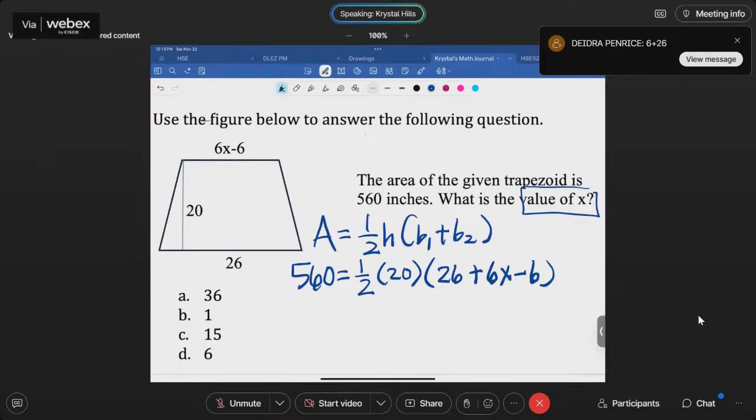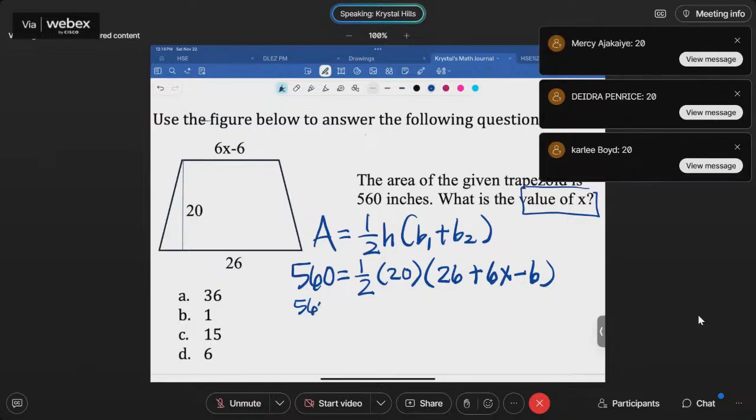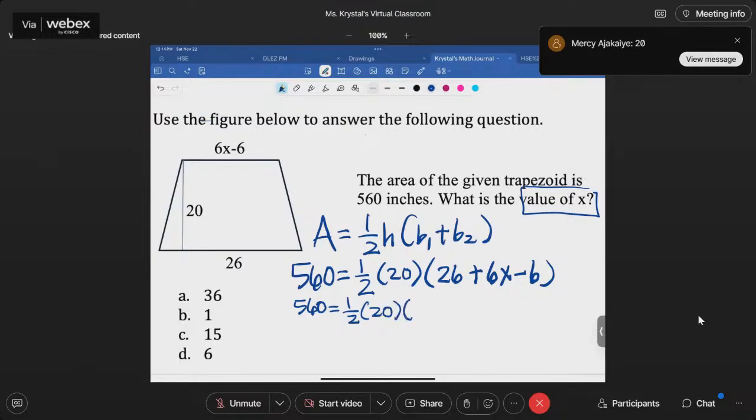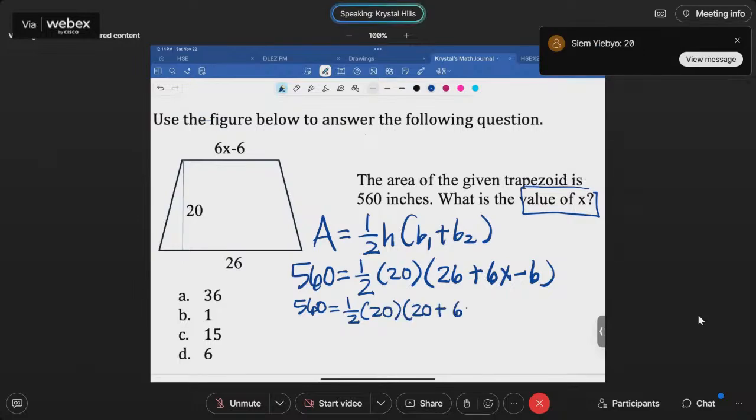So what's 26 minus 6? 20. So when we write it over, we have 560 equals 1/2 times 20 times 20 plus 6x.